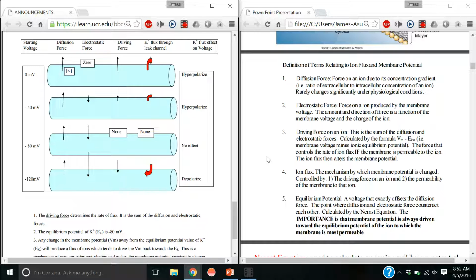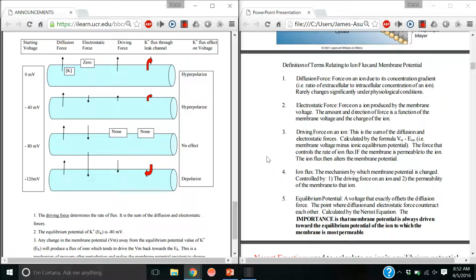The same thing would also be true if the membrane potential was minus 40. There'd be an efflux of potassium, again causing the membrane potential to hyperpolarize. At minus 80 millivolts, in contrast, for reasons I'll get to, there would be no efflux of potassium.